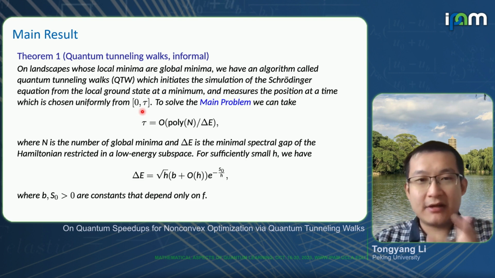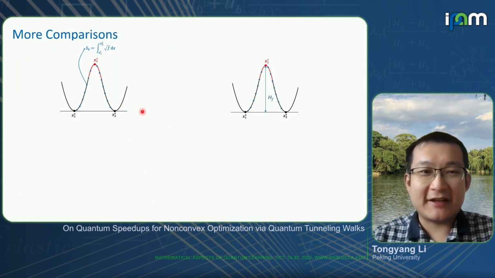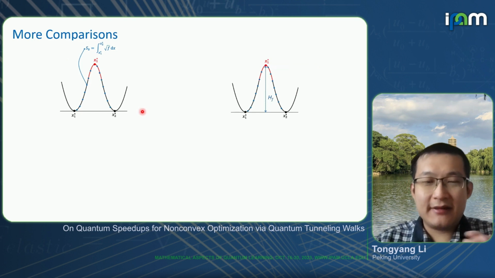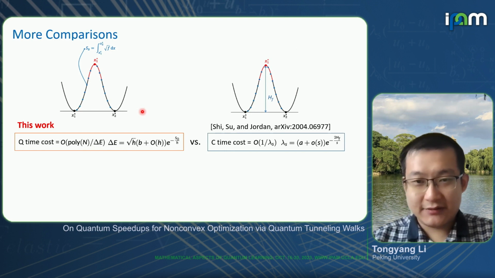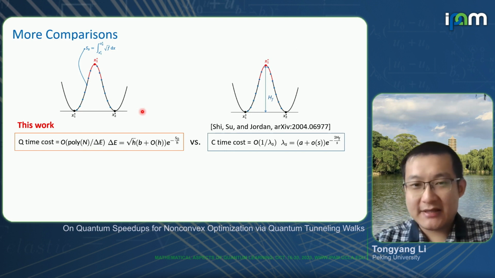For the later part on the quantum walk, I'm going to further explain why we consider such dynamics. But here, I want to make a further comparison to understand the difference between the quantum dynamics and the classical dynamics. The classical dynamics here is the Langevin equation.